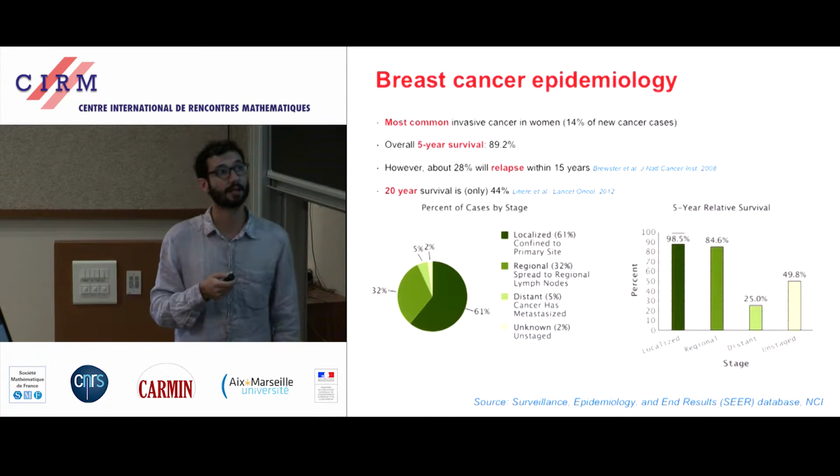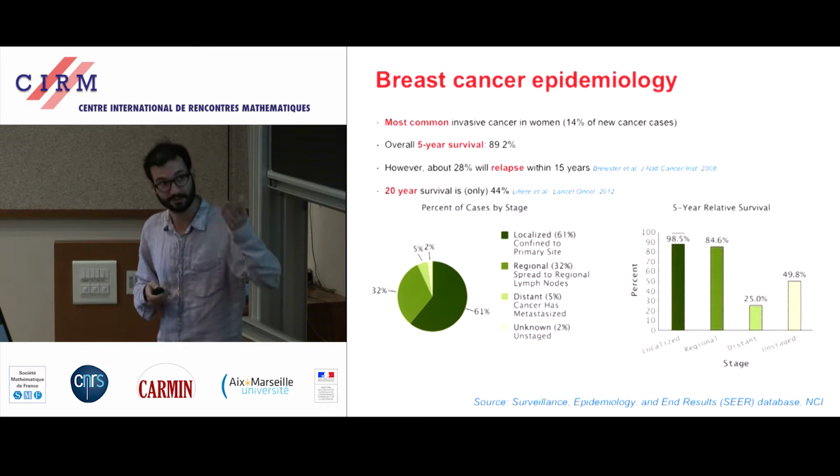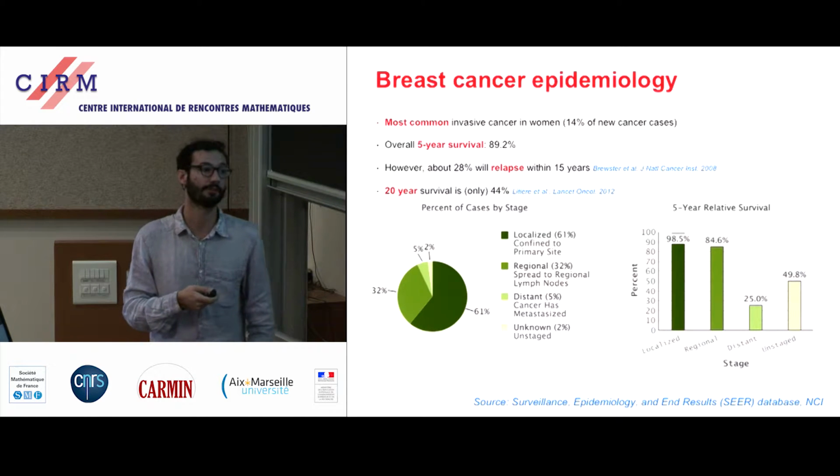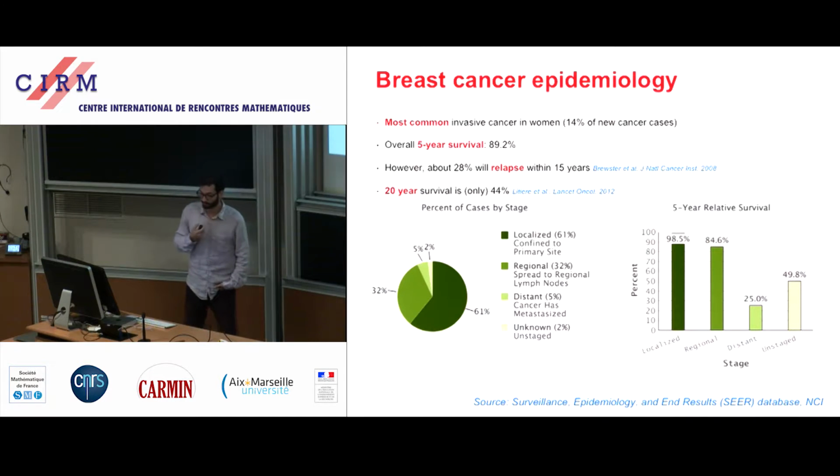So if you look at survival by the stage of the disease, you see these numbers from the SEER database, which confirm what I was telling you in the introduction: it's when the disease is metastatic, when you have distant metastasis, that it's lethal.